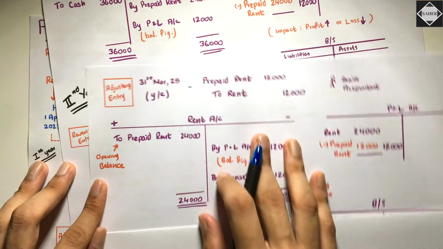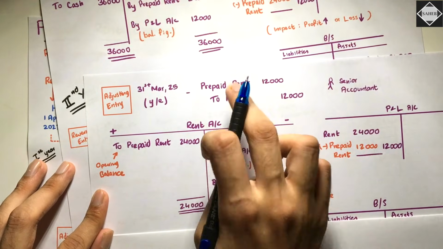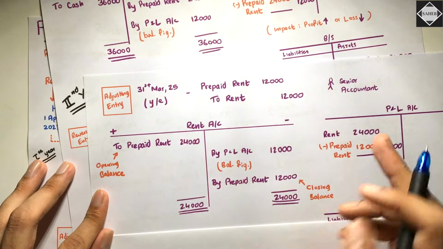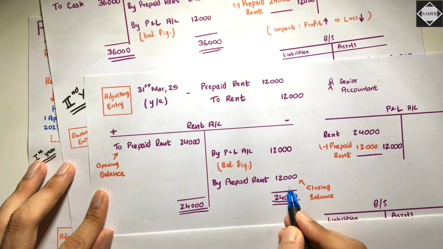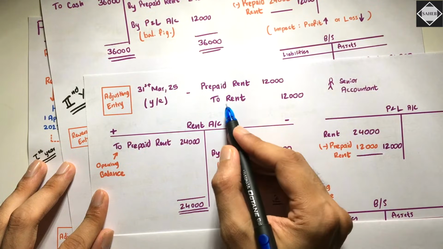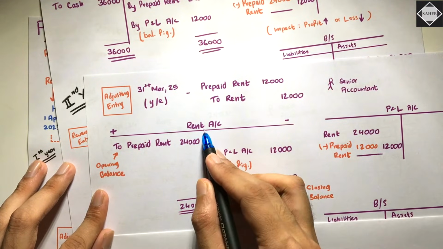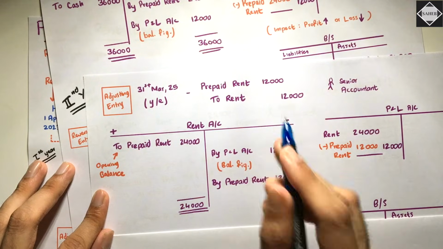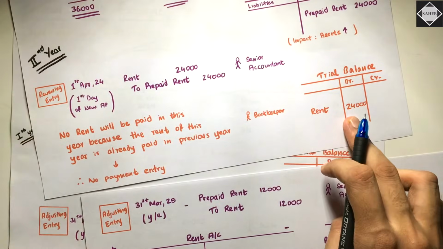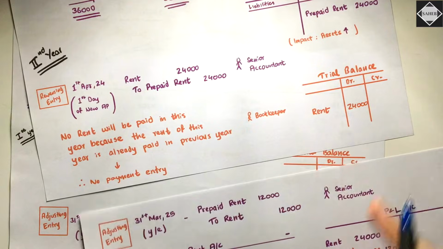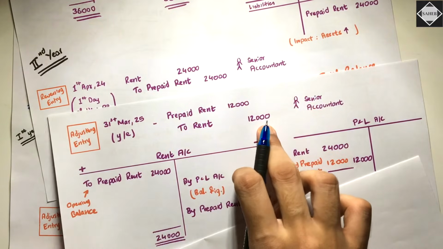Fine. And then we pass the adjusting entry at the year end, 31st March 2025, by prepaid rent 12,000. See, rent got credited because of prepaid rent, which means it is decreasing. You said here 24,000 is not right, only 12,000 should be there, so you credited the rent account.